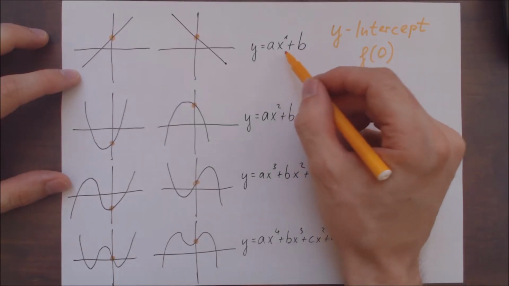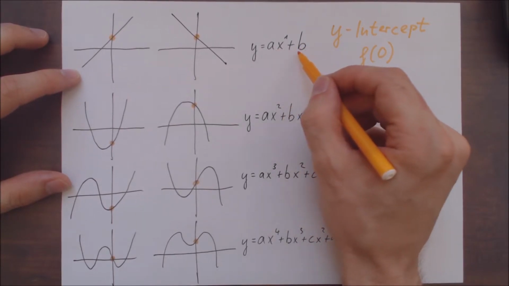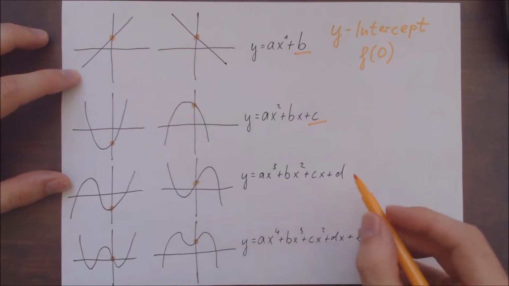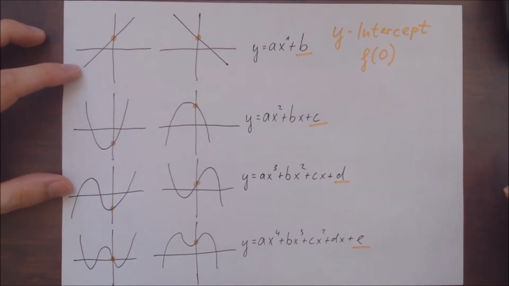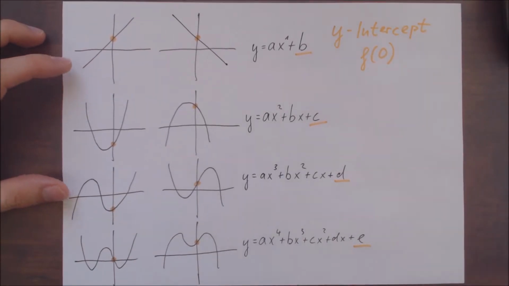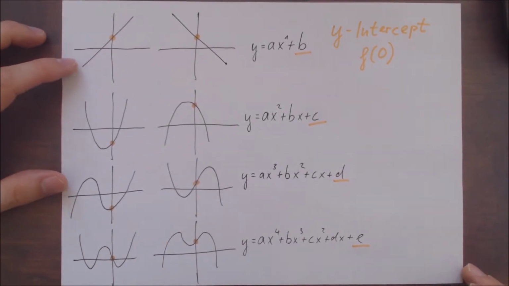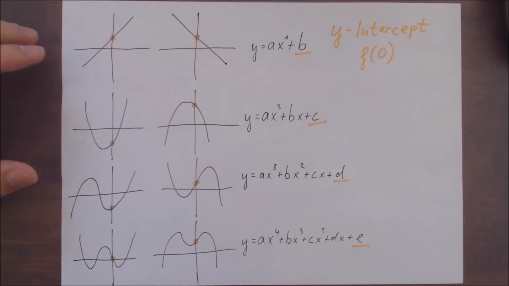Similar here with the straight line. This gets 0 and only the b remains. Here only the d remains, and here only the e remains. And this last term here is always the constant value. That always tells us where the y-intercept is.